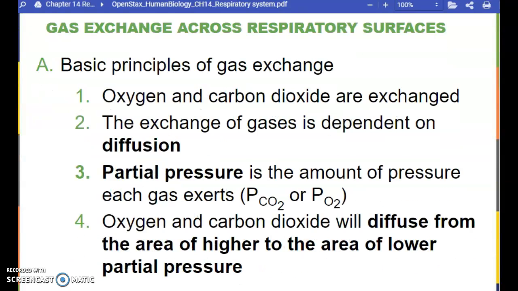That's why we have to worry so much about COVID. I think this point here is important, and I already mentioned it. Carbon dioxide will diffuse from areas of higher concentration to areas of lower concentration, and we could say pressure slash concentration.